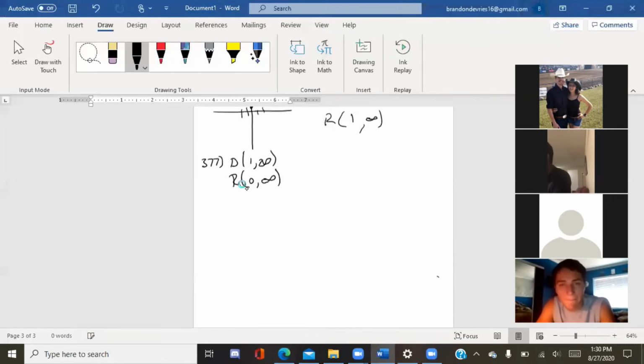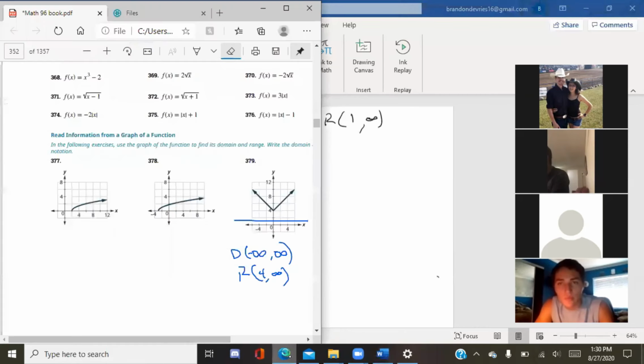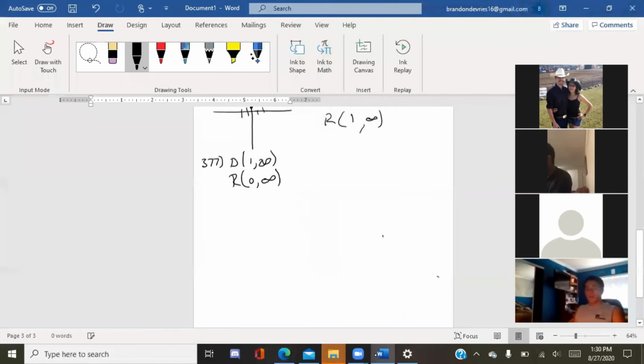So what was it again? Negative infinity, infinity, and 4, infinity. And for the second part of the range, whether it's positive or negative depends on if it's facing up or down, right? Yeah.